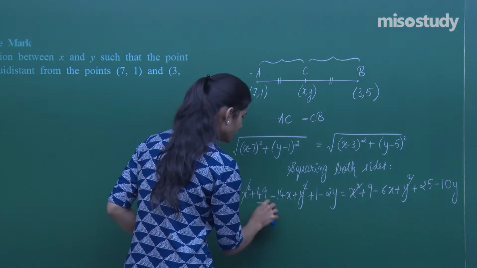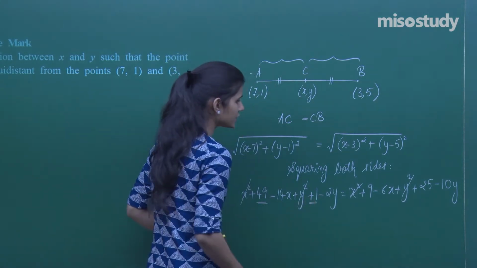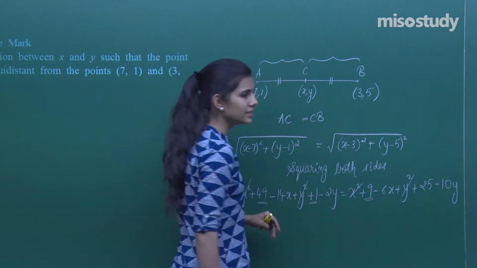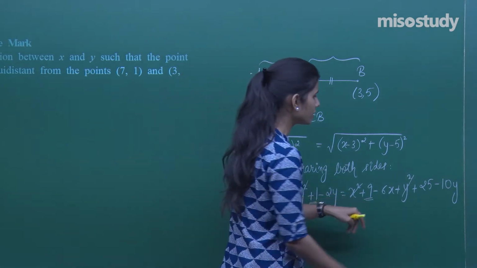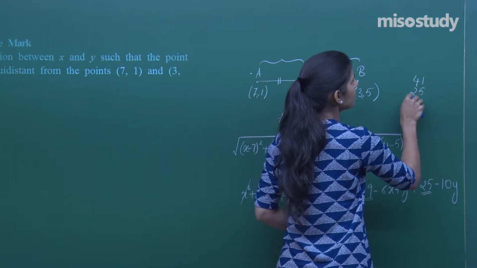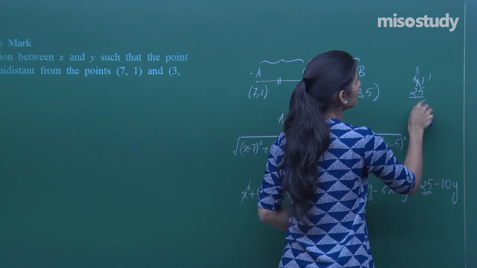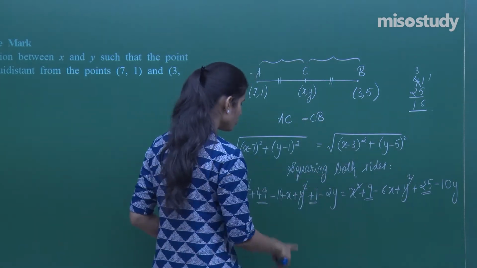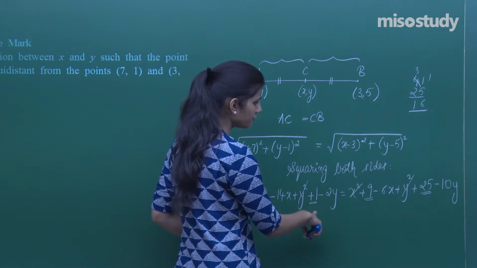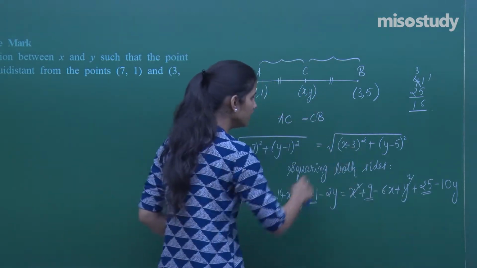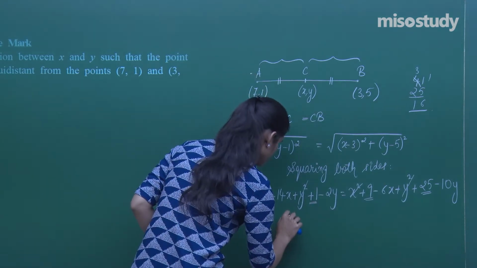You are left with 49 plus 1, that is 50. 9 is going to come over here, 50 minus 9 is 41, 41 minus 25 gives you 16, right?